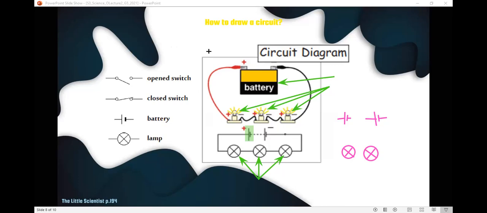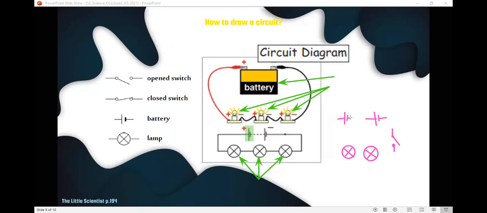And we said I also want to draw an open switch. Now, what should I do? I should connect them using wires.